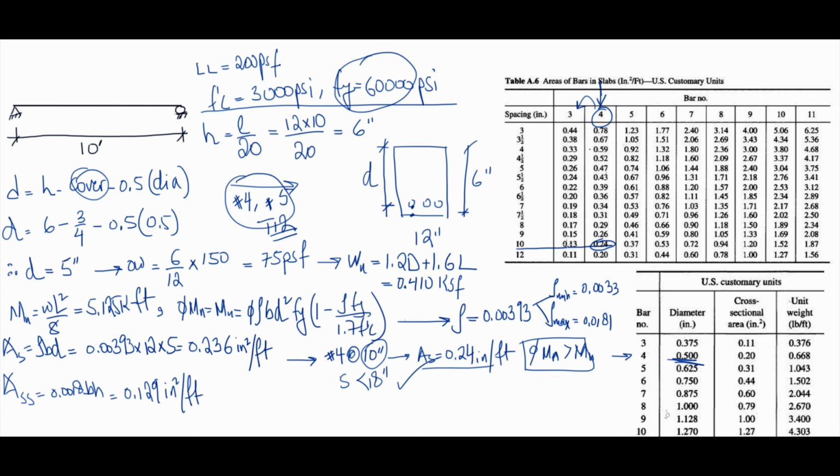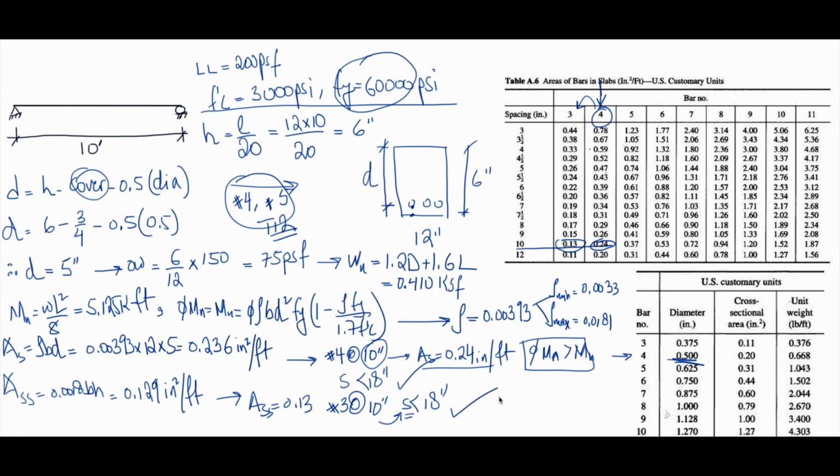So 0.13 is, I think, the closest one to this. So we're going to use As,ss of 0.13. Choose bar 3 at 10 inch. Again, checking the spacing is less than 18 inch, so we're working as per the code.